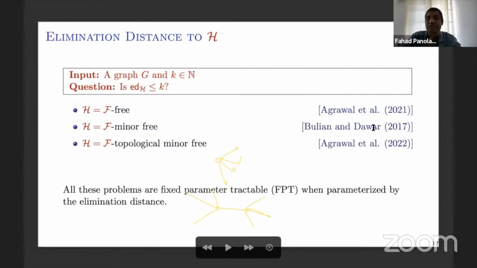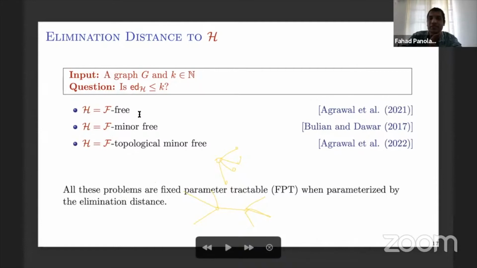So for that graph class, which is not F-minor-free, can we prove that elimination distance to H, the graphs of max degree at most D, where D is a constant, is FPT? And we answered that question, and that is the first bullet point.